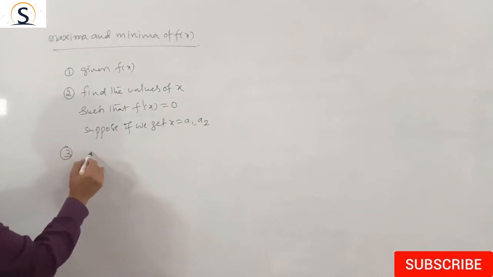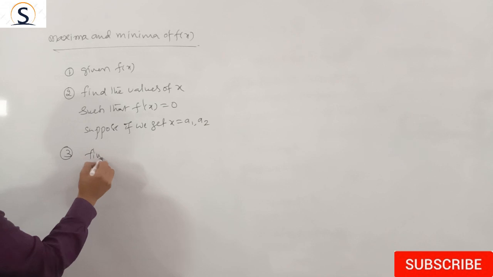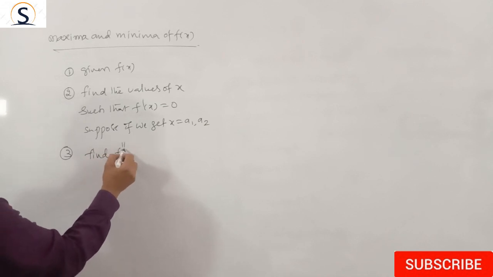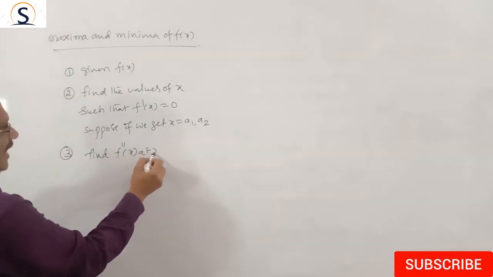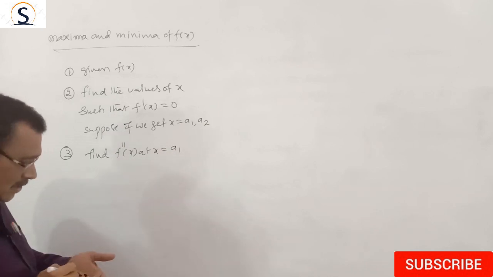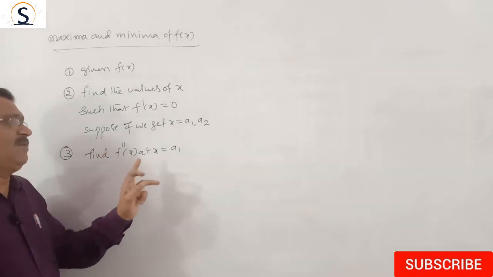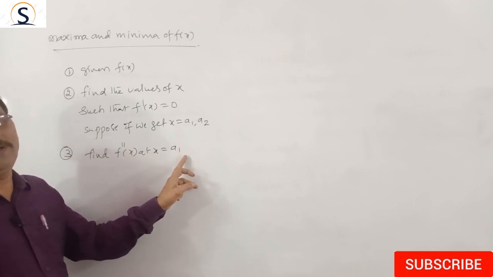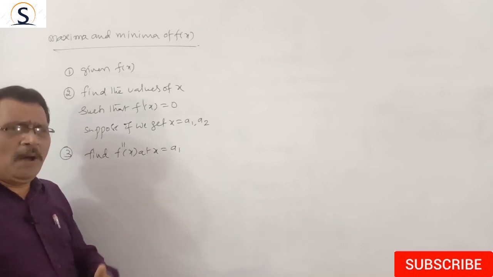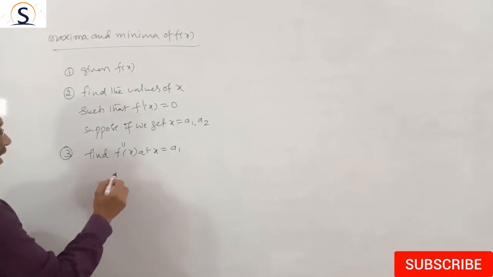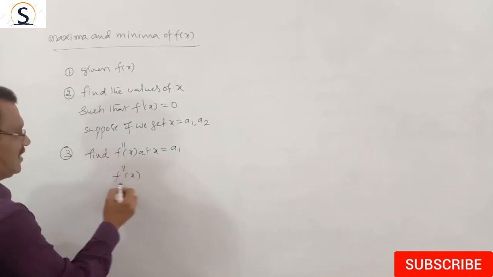Then the third step is to find f double dash of x at x is equal to a1. So find the second derivative and its value at x is equal to a1. You may get a negative or positive value only.